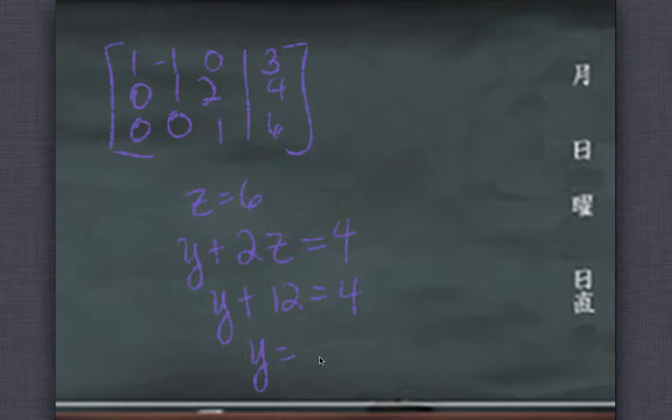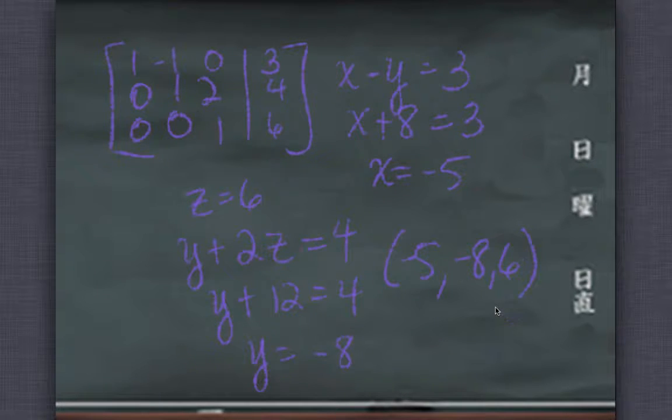Y is therefore -8. And then you use both of these theoretically up here. I've got 0 z's, but x minus y is 3, x minus -8 is 3, x is -5. And then you get the result, -5, -8, 6.